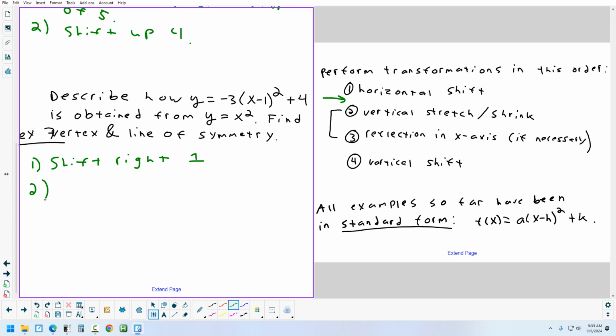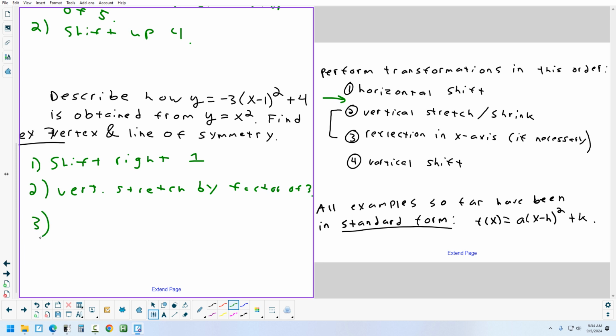The vertical stretch by a factor of... I'm going to help her finish that. Vertical stretch by a factor of, yep, 3. Vertical stretch by factor of 3.